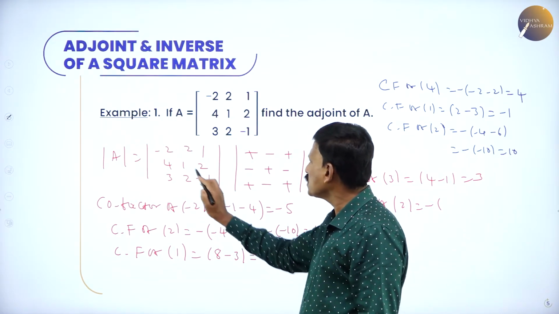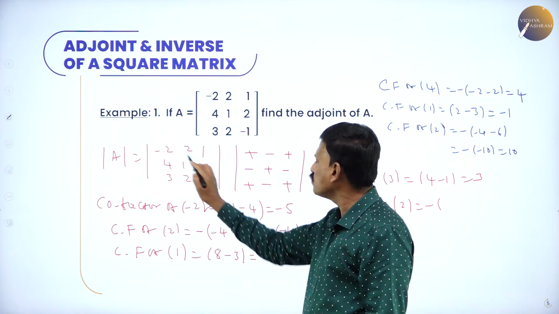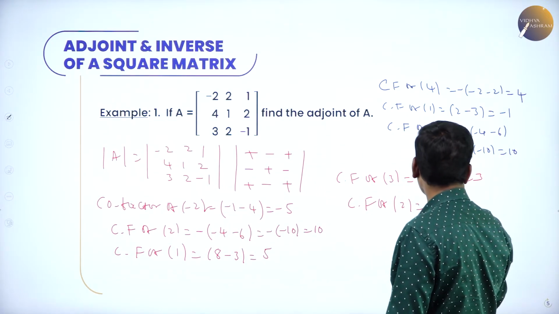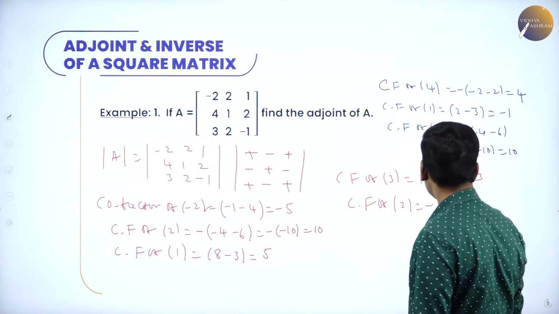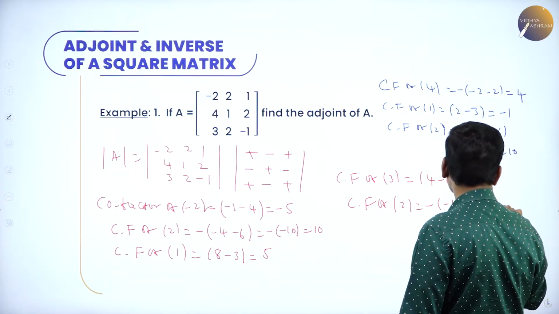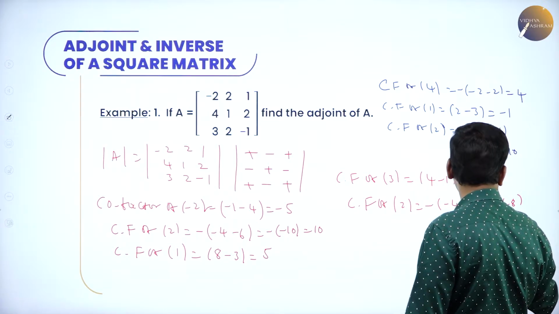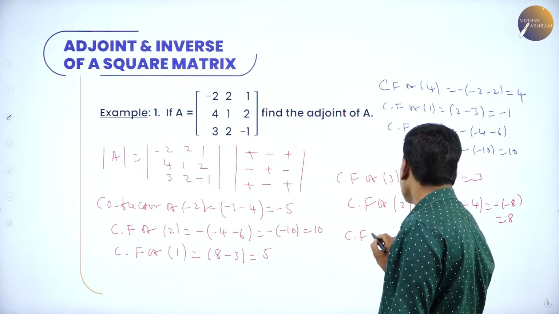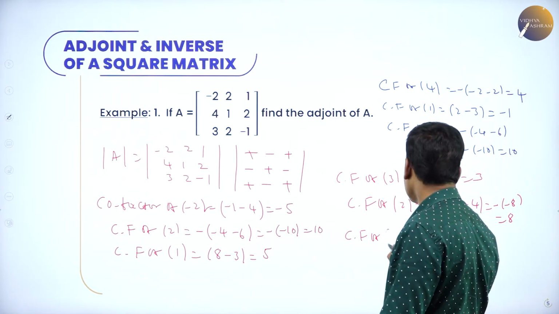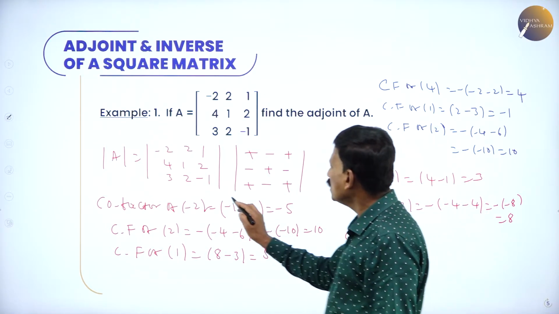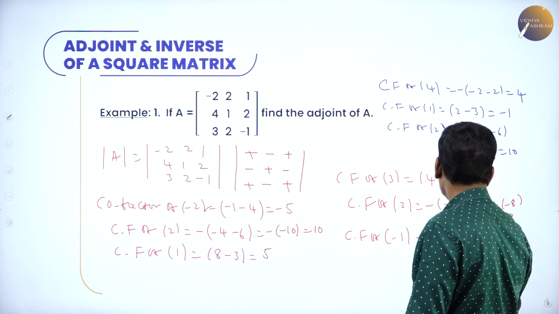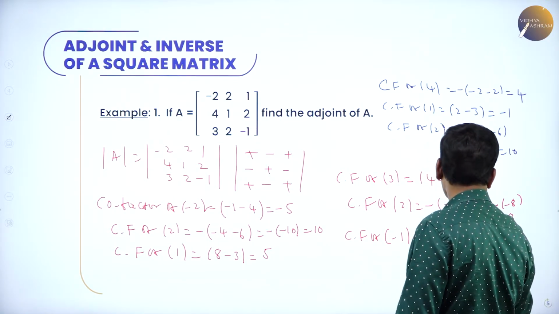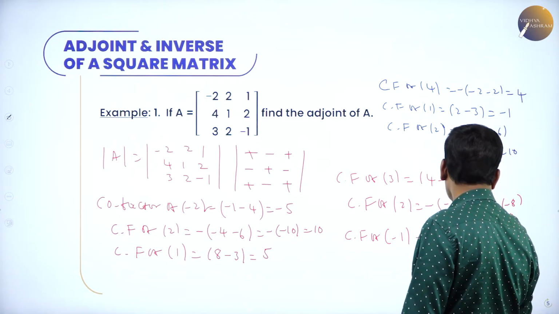This row and column is deleted. 2 1 4 2: minus 2 2s are 4, minus 4 1s are 4, that is equal to minus of minus 8 is plus 8. Come to the last element, cofactor of minus 1. This row and column is deleted. Minus 1 2s are 2, minus 2, minus 4 2s are 8. So this is minus 10.